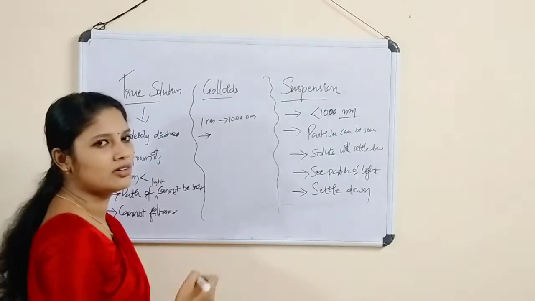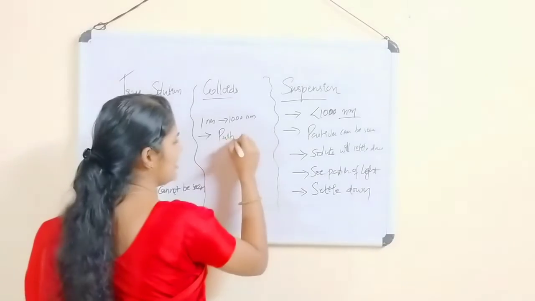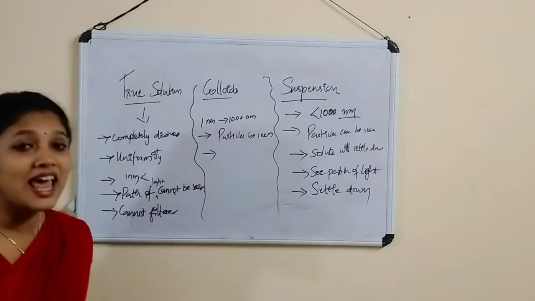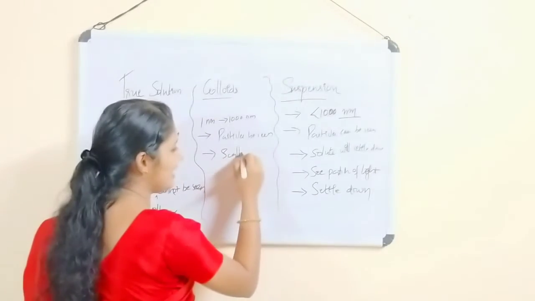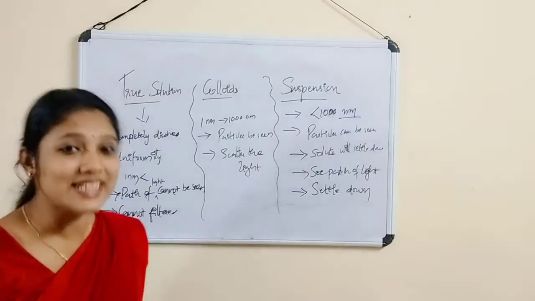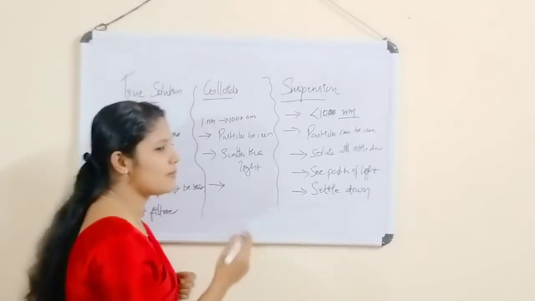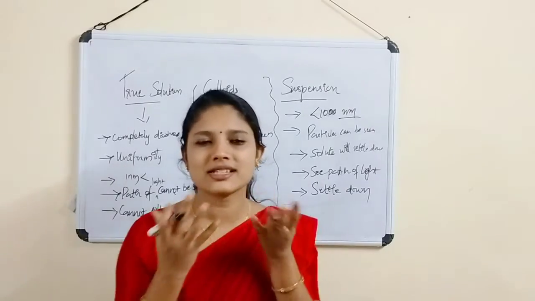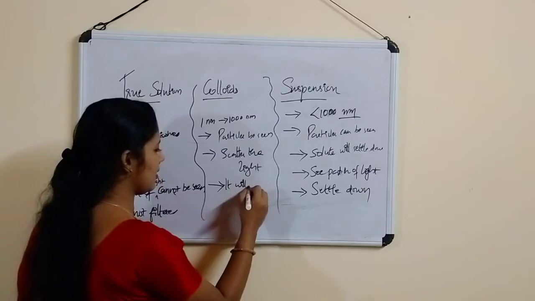Here also, the particles cannot be seen, but these particles have the capacity to scatter the light. Colloids can scatter the light. Next, when it is kept undisturbed for some time, it will not settle down.